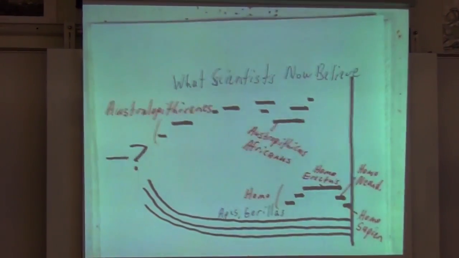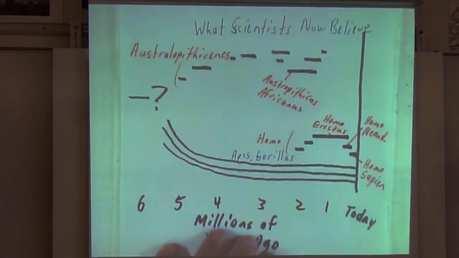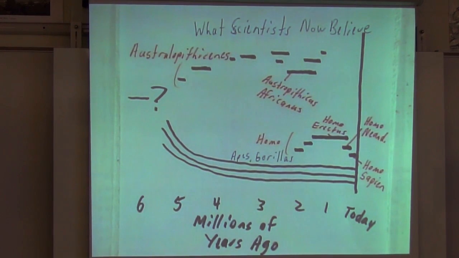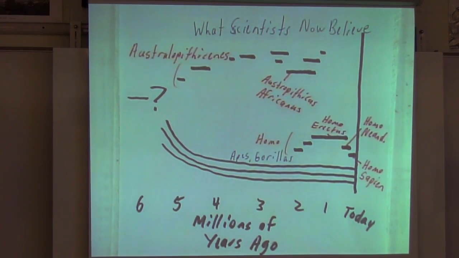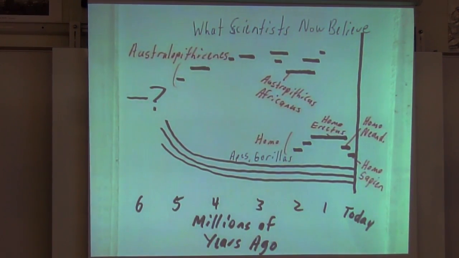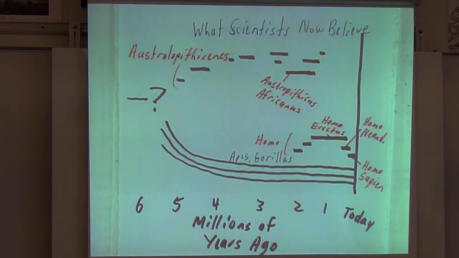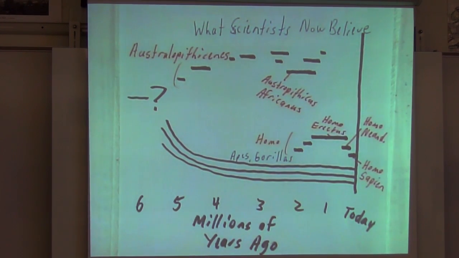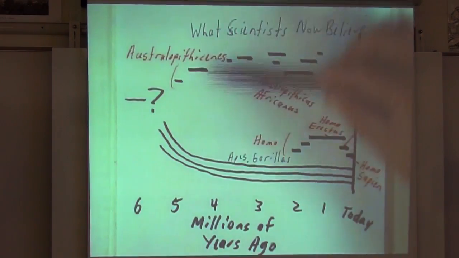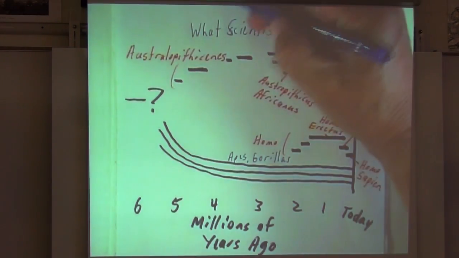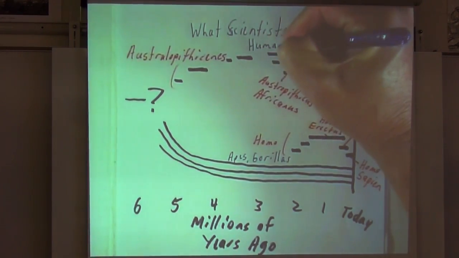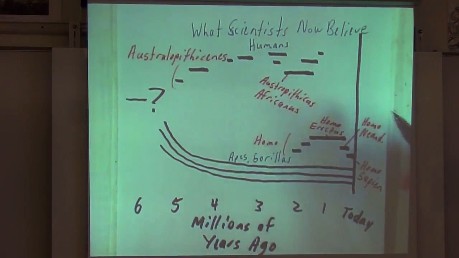Now, I'm not trying to make a big statement here about what's true and what's not true because I don't really know. I think it's interesting to study the aspects of this stuff, and I think it's worthy of study. Okay? All right. So, let's just do this very quickly. Humans, and of course, apes and gorillas.